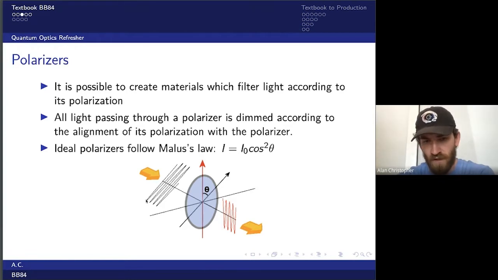So in our little example here, we have light coming in at about 45 degrees. So we have this theta here. We would expect cosine squared of 45 degrees. That's 1/2. So we will get light at intensity about 1/2 coming out of this polarizer. And moreover, it will wind up being aligned with the polarizer's orientation.